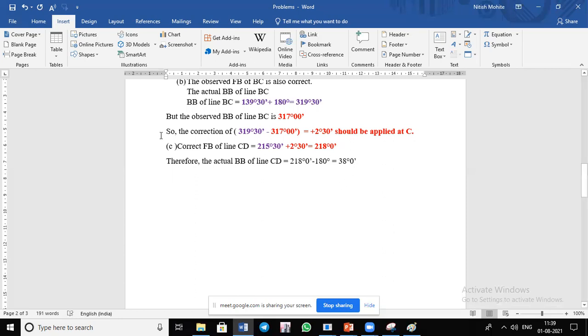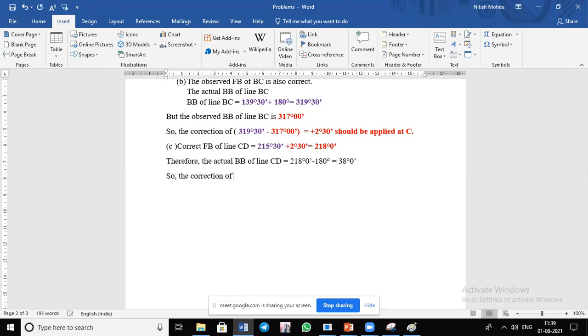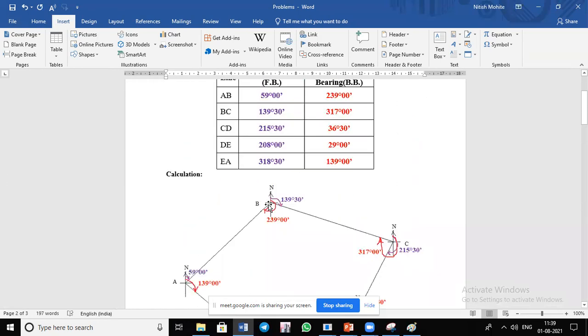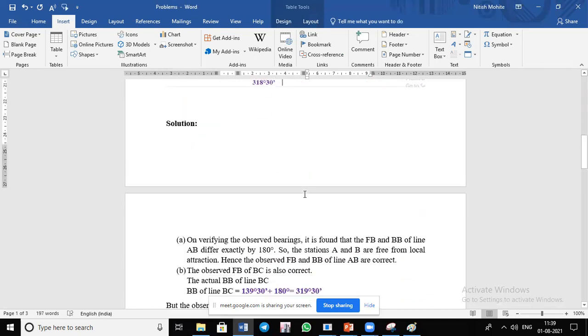Okay. So the correction is obtained minus observed. So this is the obtained value minus observed value, which is how much? During the practical, it is 36 degree 30 minutes.